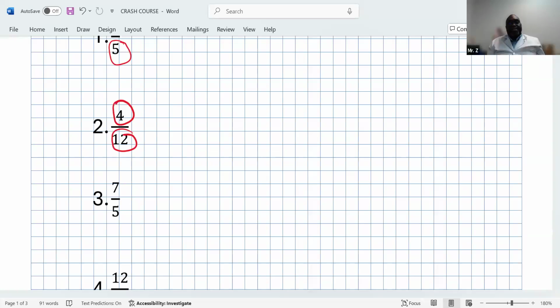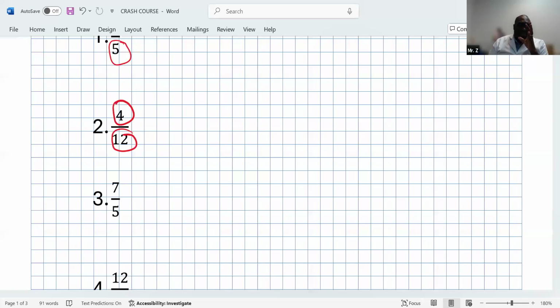As a math rule, anytime you have a fraction, if that fraction needs to be simplified, you have to simplify it. If you look at 4 and 12, you ask yourself a question: is there any number that can divide 4 and can divide 12 as well?